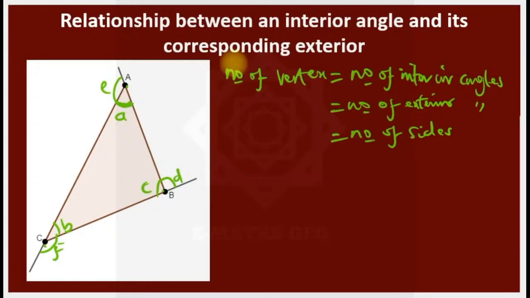So there is a relationship connected. As you can see, this is a straight line. What do you notice? We form a linear pair, that's angles on a straight line. So what do you have to say here?